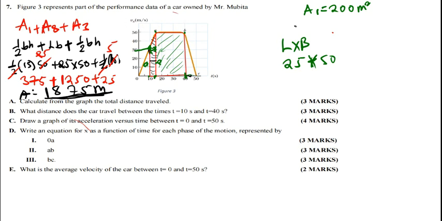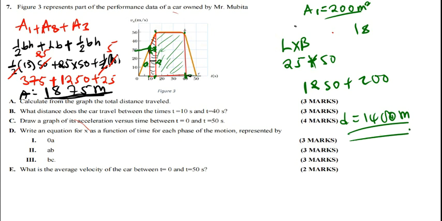So you are going to add that one. 1,250 plus 200, meaning that the distance between when t is equal to 10 and t is equal to 40 is 1,400 meters. That is the distance between when t was equal to 10 and when t was equal to 40. As simple as that. Does that make sense?